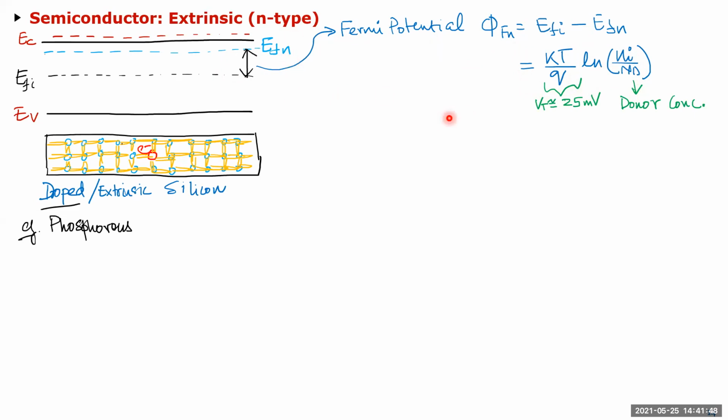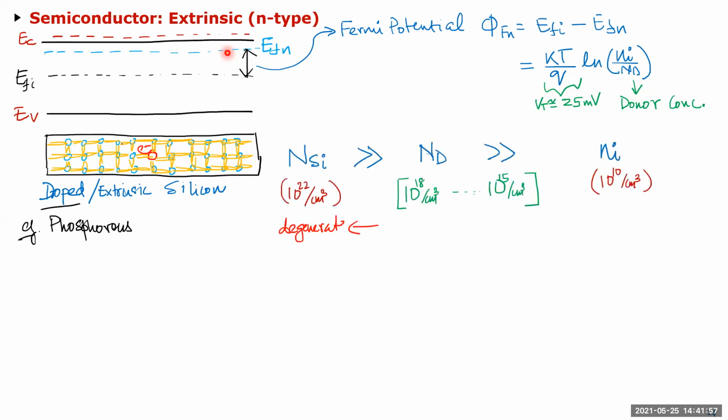So what happens is it kind of flattens out, right? Obviously, it can't keep going above EC. Then it becomes degenerate, basically, if it does. And these are some important numbers, because if your doping concentrations are higher than these, then they become degenerate. For example, the number of atoms, as I showed, is 10 to the power 22. So if you take a lot of phosphorus ions and get it close to this, then it's no more a semiconductor.